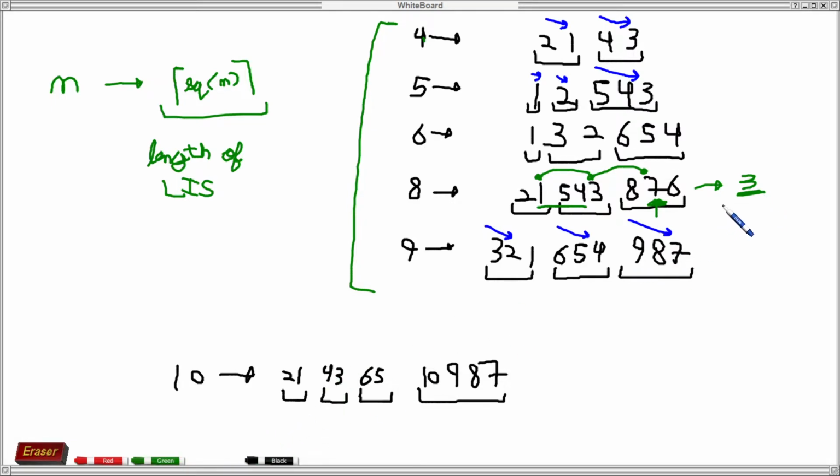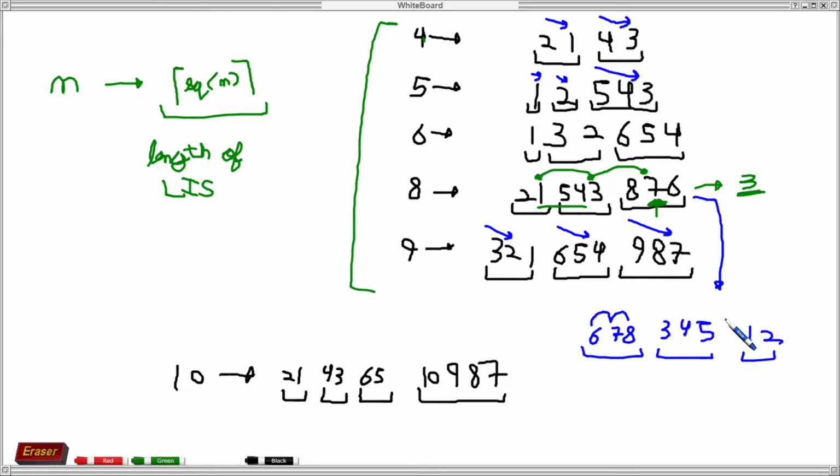Now if we reverse it, we get something like this: 6, 7, 8, 3, 4, 5, 1, 2. Here we can take 6, 7, 8 and form an LIS.